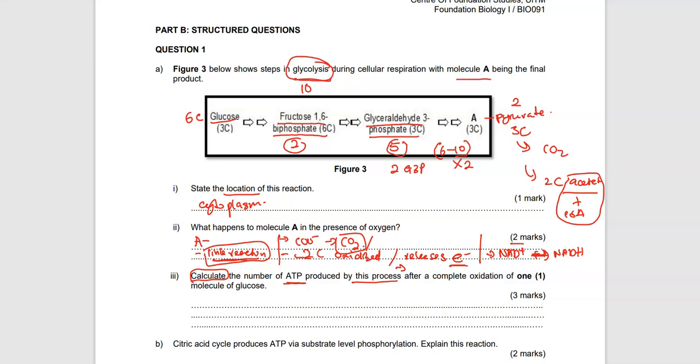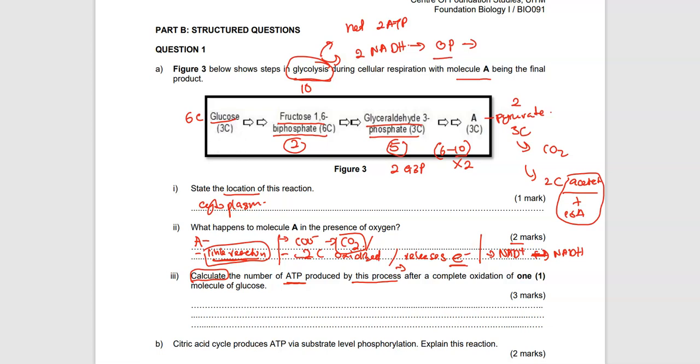So as you know, glycolysis produces a net of 2 ATP. And another product it produces is 2 molecules of NADH. These two NADH molecules will enter into the oxidative phosphorylation stage to produce more ATP. How do you know the amount of ATP produced during oxidative phosphorylation?